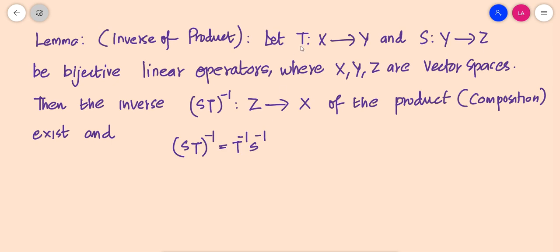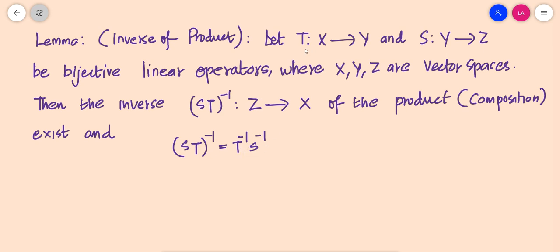So the theorem is: if T from X to Y and S from Y to Z are two bijective linear operators, which means that T inverse exists and S inverse also exists, where X, Y, Z are vector spaces, then the inverse of the composition ST also exists, and (ST) inverse is equal to T inverse composition S inverse.